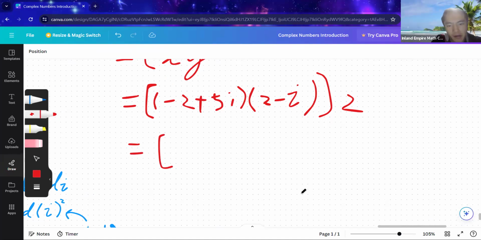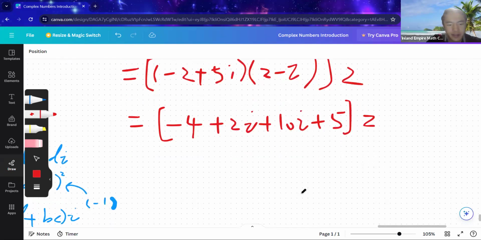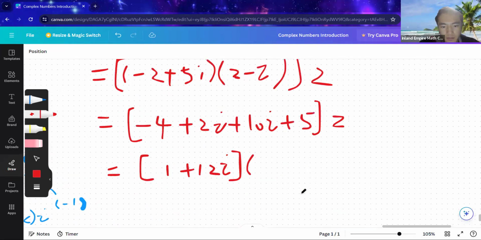So this would be negative 4 plus 2i plus 10i plus 5, right? Because 5i times negative i is negative 5i squared, which is negative 5 times negative 1, so that's plus 5. That's times z. And if you reorder this addition, you have 1 plus 12i, right? That's the first product. And then you multiply by z, which is 1 plus 3i.